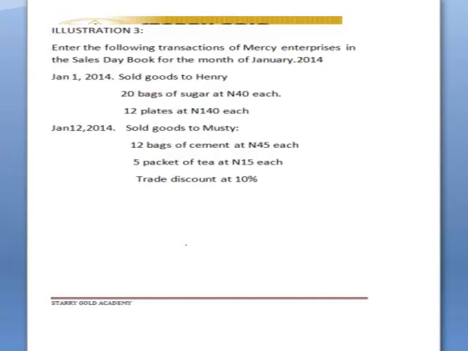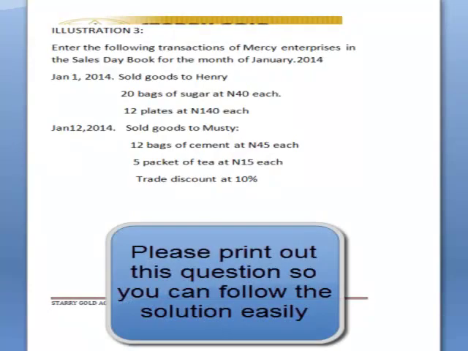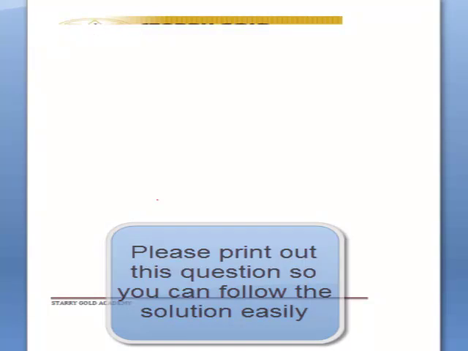And January 12, 2014, sold goods to Musti, 12 bags of cement at 45 naira each, 5 packets of tea at 15 naira each, and presented with a trade discount of 10%. The trade discount is for Musti, whereas Mercy Enterprise is not having any form of discount available to it. So let's quickly solve that.